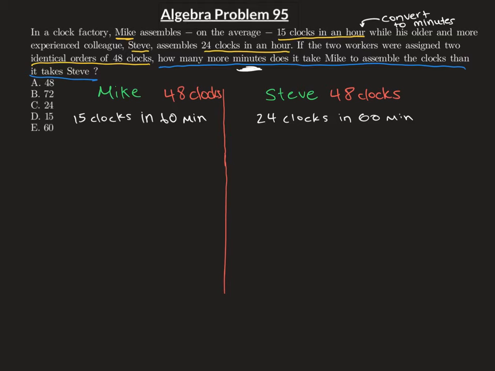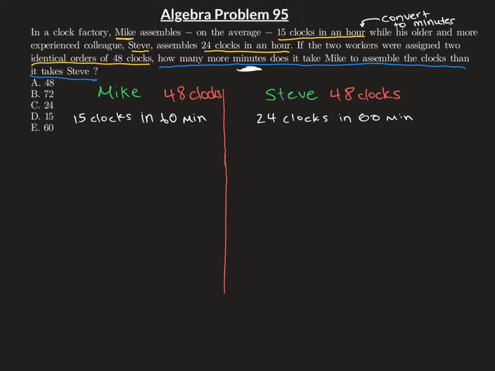With this type of problem, we have to approach it from each person's perspective, and then in this case, we subtract their totals. So let's start with Mike. We have 15 clocks in 60 minutes, and we have a total of 48 clocks. How do we set that up?